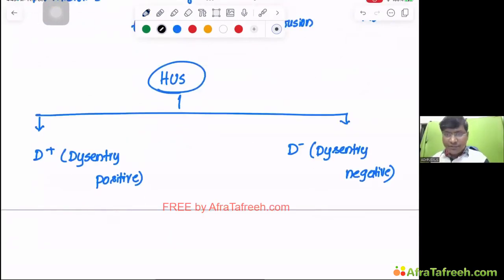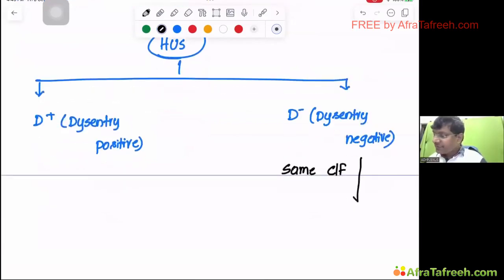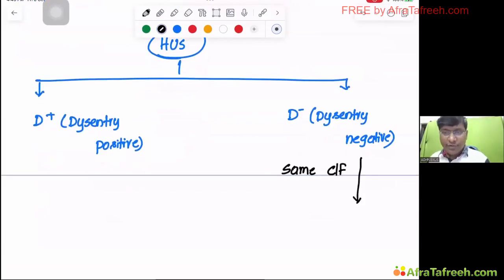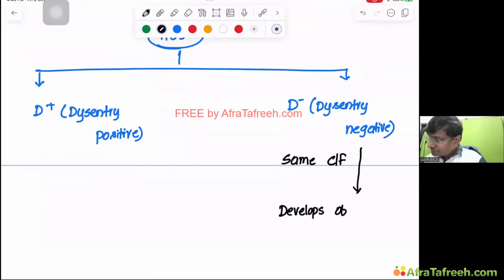Now, in case of D plus or D negative hemolytic uremic syndrome, the clinical manifestations are the same. But this dysentery negative hemolytic uremic syndrome develops after chemotherapy.